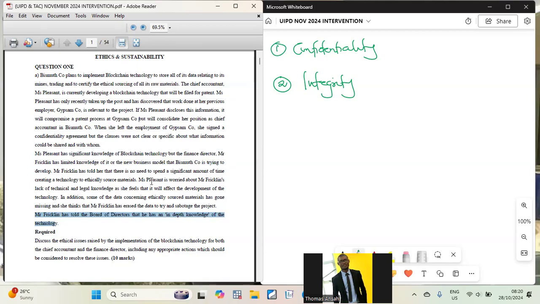Again, what Mr. Eric also talked about, that some data has been erased and it looks as if Mr. Franklin is behind it, that too is not honesty. But the perfect one to use to end the story is the fact that he is telling them that he has in-depth knowledge, but he doesn't really have it. It's not straightforward. So basically, that is that.